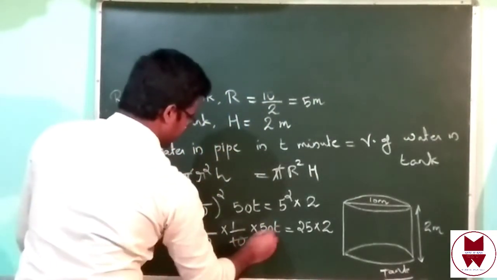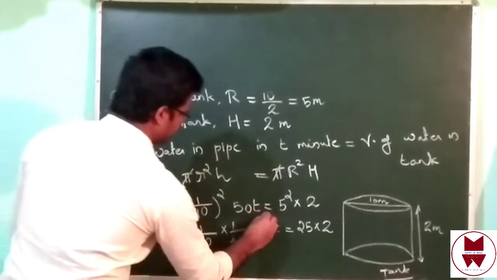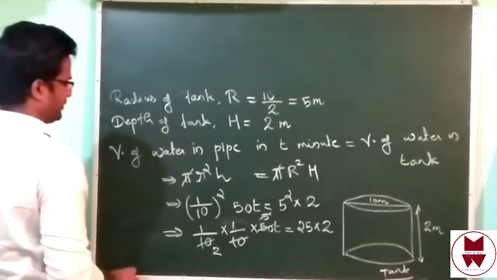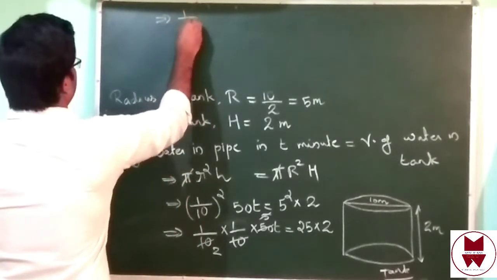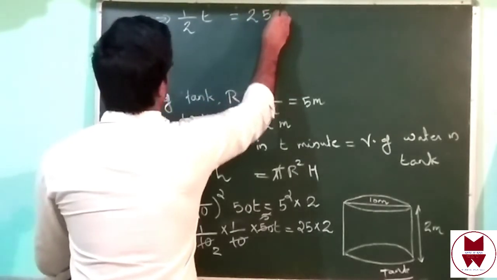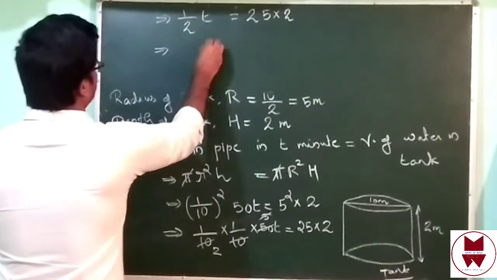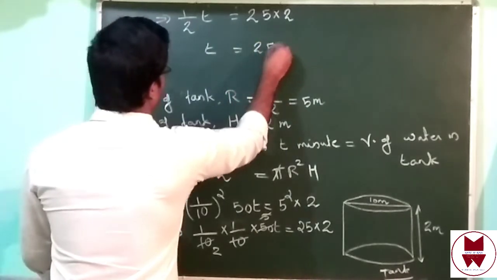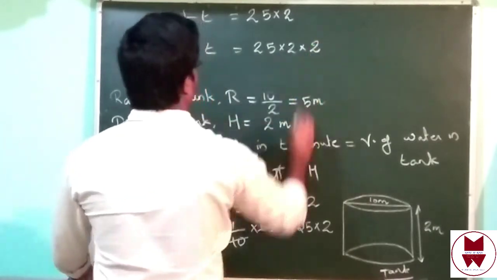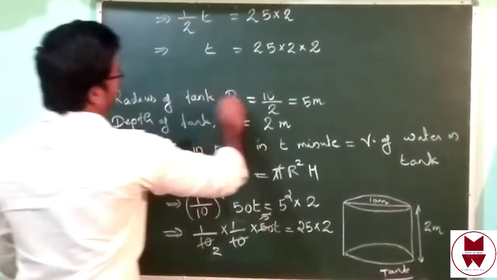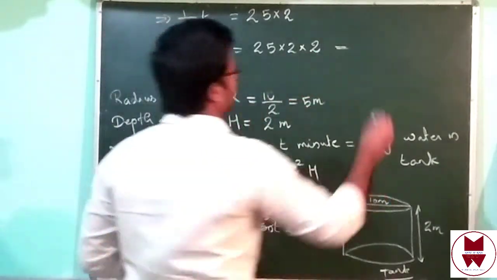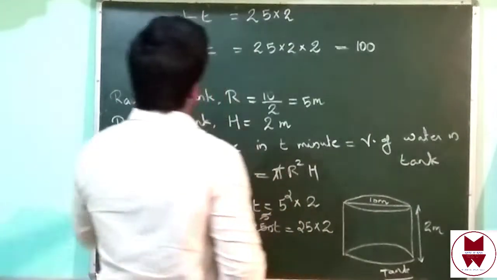Here 10 and 50 cancel 5 times. Then 5 and 10 cancel 2 times. We will get 1 by 2 t equals 25 into 2. T equals 25 into 2 into this 1 by 2 brought to the right side, that will be 2. Then multiply, what will you get? 25 into 2, 50. 50 into 2, 100. What is t?